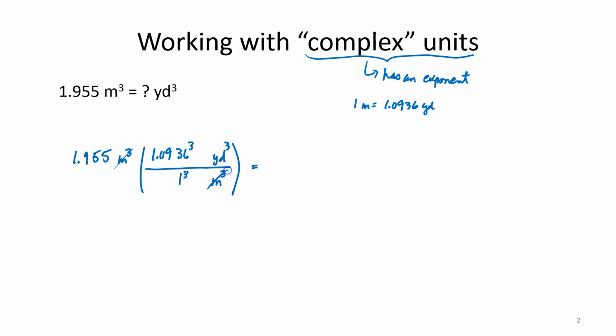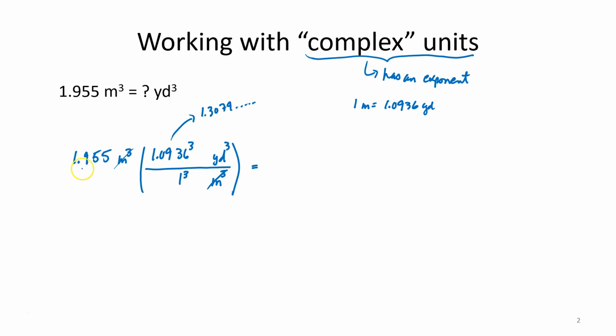Cubic meters cancel. You just have to be very careful on your calculator and remember to cube this number here. In fact, I may begin with that step. 1.0936 cubed. When I did that arithmetic, I got 1.3079 something something. And now I'm going to multiply by 1.955.